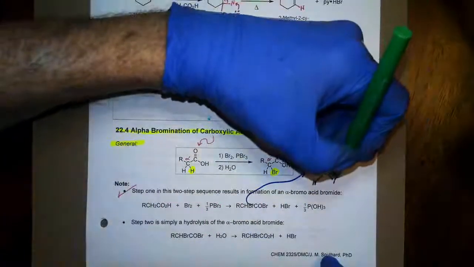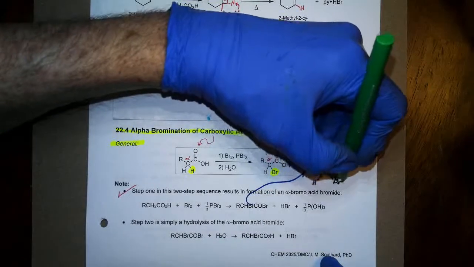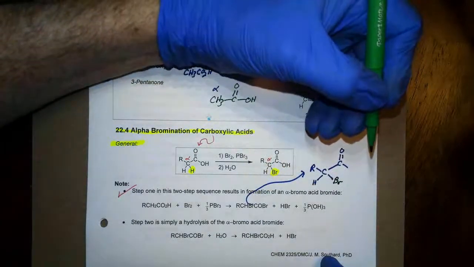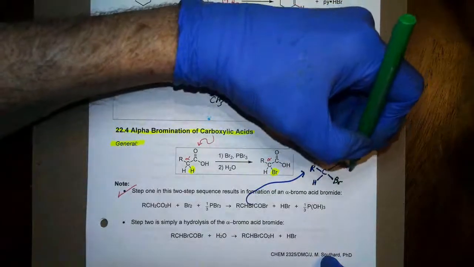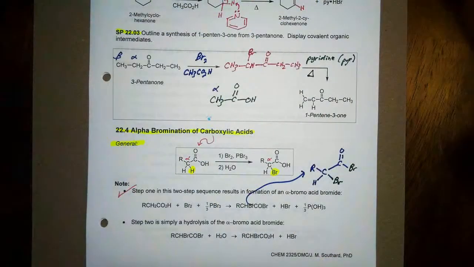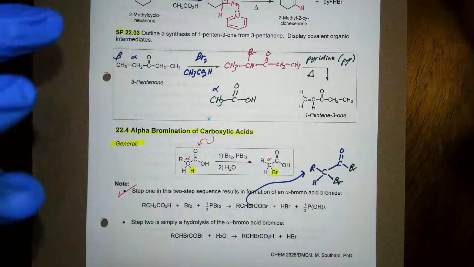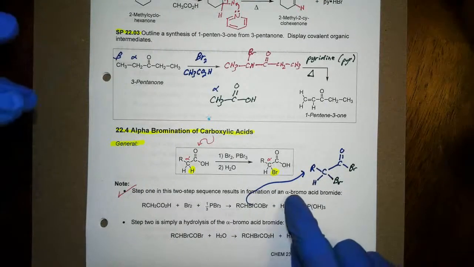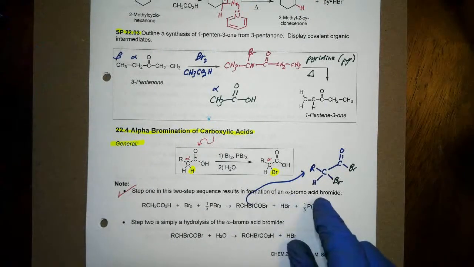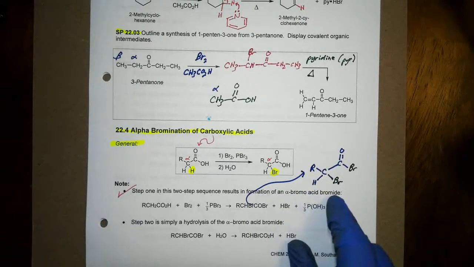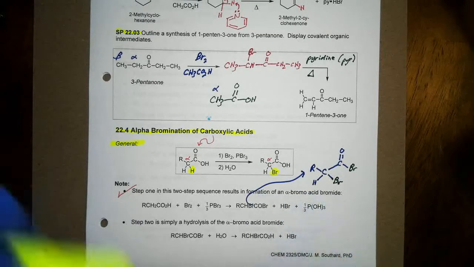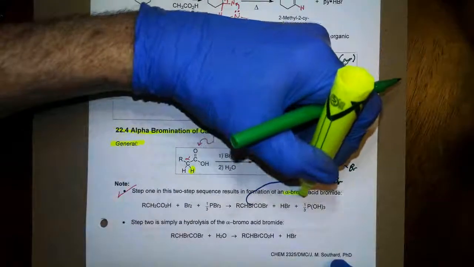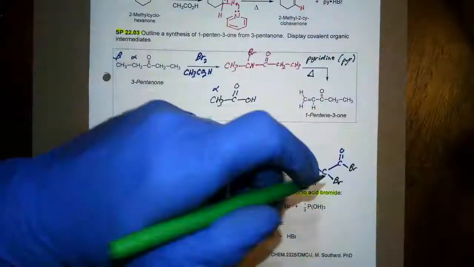We have the bromine there as expected, right? Yeah, that's what we wanted. But we also have a bromine here. Whoa, wasn't expecting that. But we get that as an intermediate. So that's what we call an alpha bromo acid bromide. Say that real fast 3 times. Alpha bromo acid bromide. That's what that is.